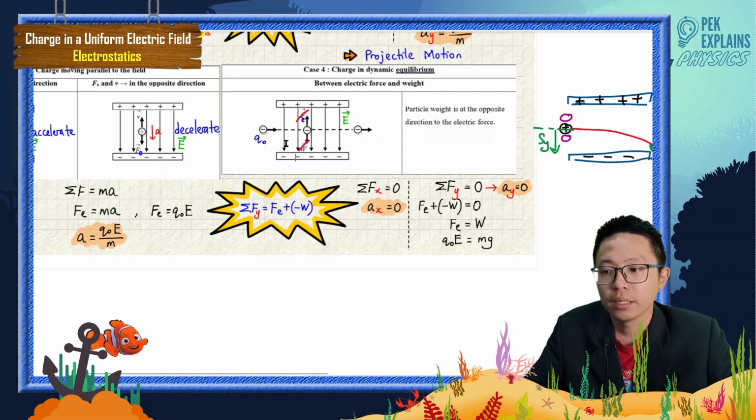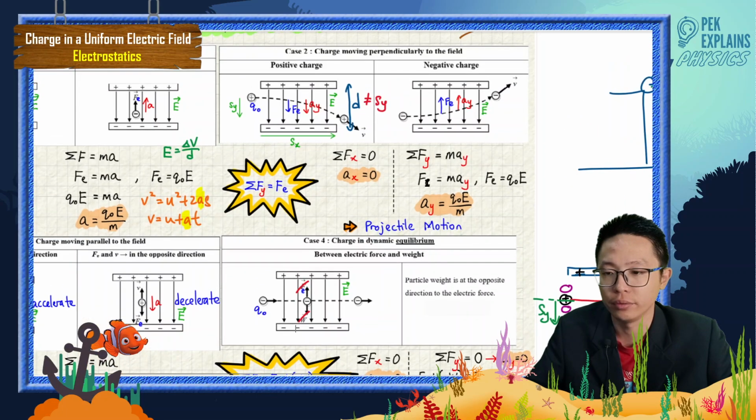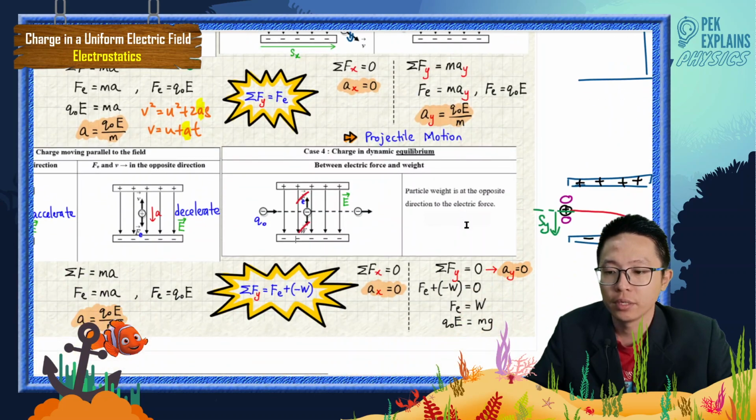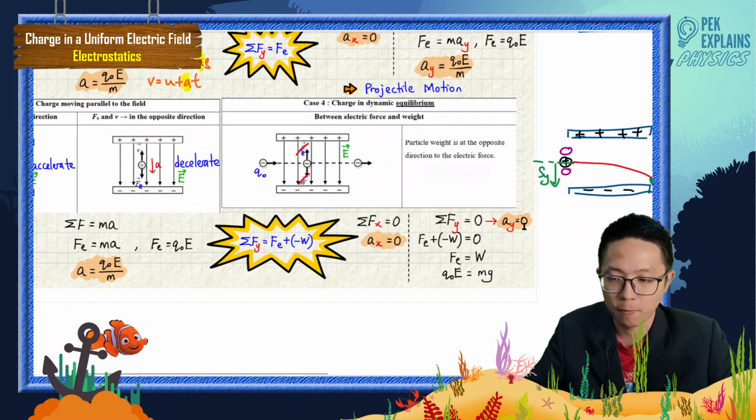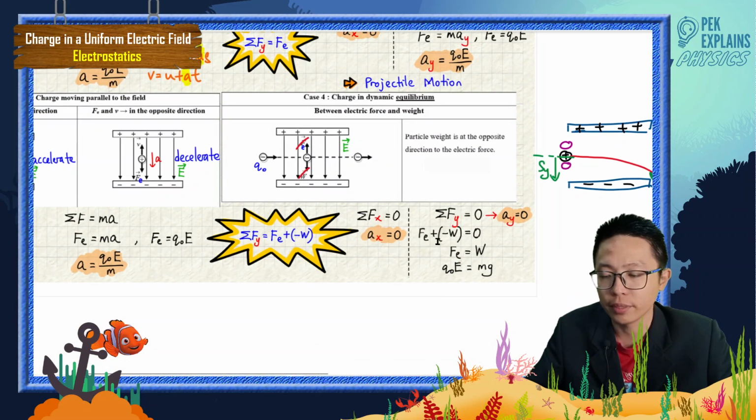So again, total Fx is 0, Ax is 0, total Fy is also 0, Ay is also 0. Unlike the previous one, where Ay has a certain value, here Ay is 0, because Fe is equal to the weight. Total Fy equals 0 because the electric force equals the weight.